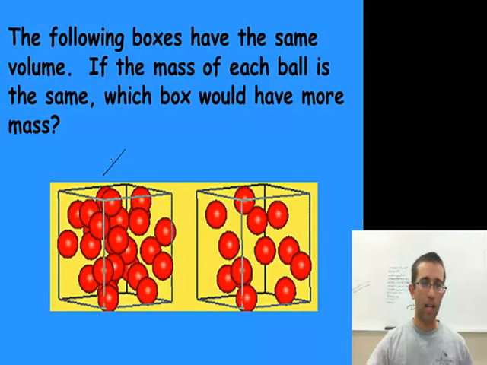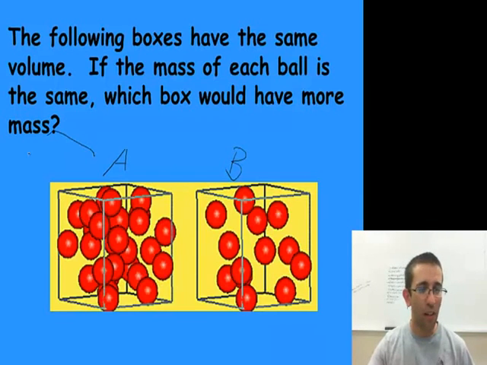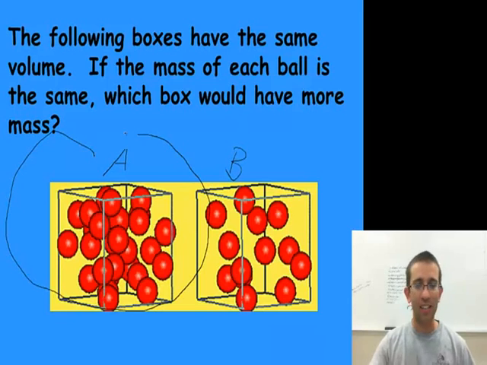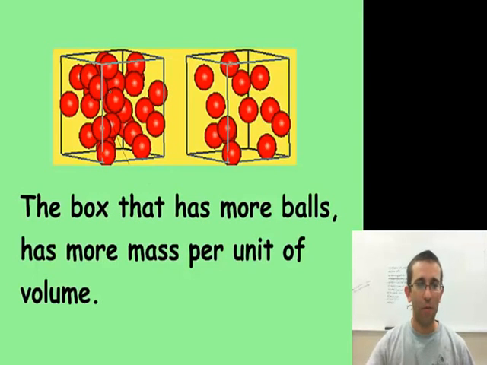Box A or box B? And hopefully you said, well, box A would have more mass. Now, why would it have more mass? Here is A and here is B. Well, plain and simply, it's got more stuff in it.